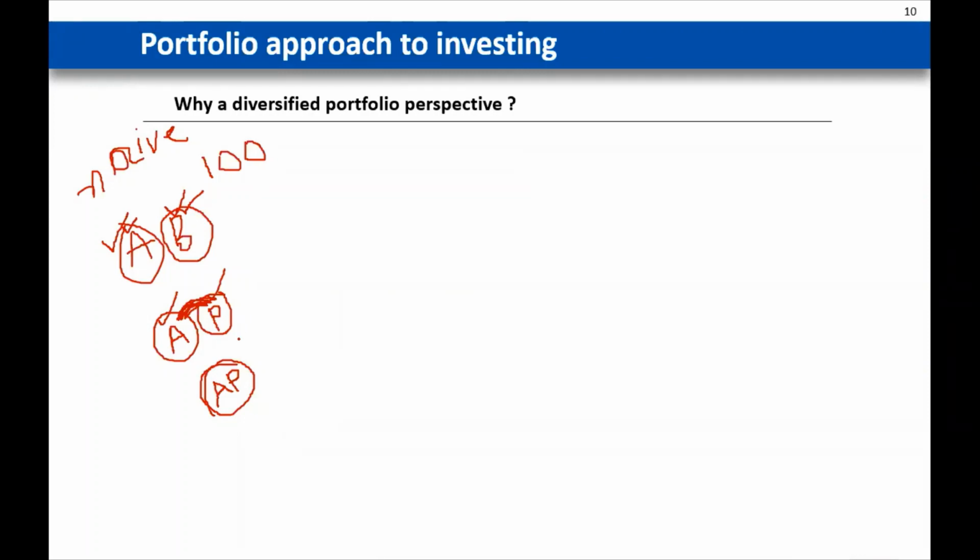But for the time being, what I'm trying to make clear to you is that you need to consider the portfolio perspective. You need to think how these constituent securities are correlated.